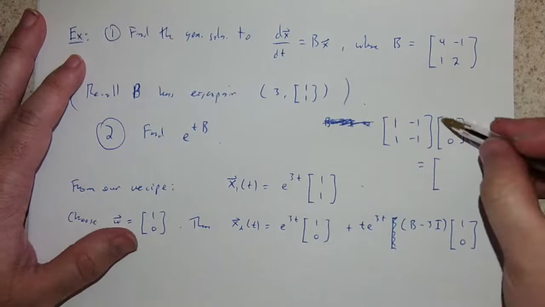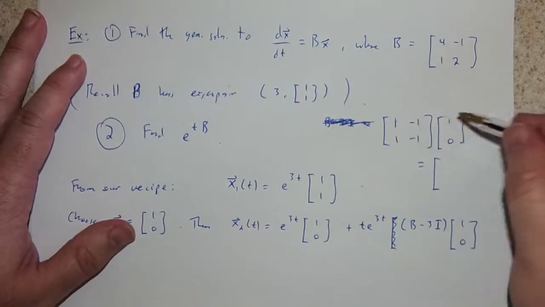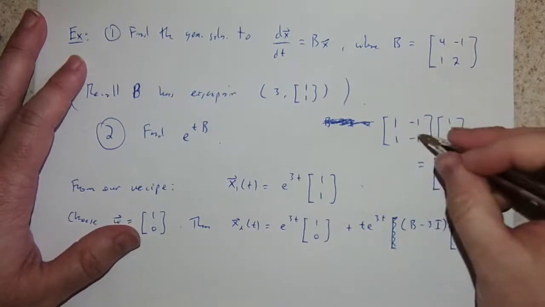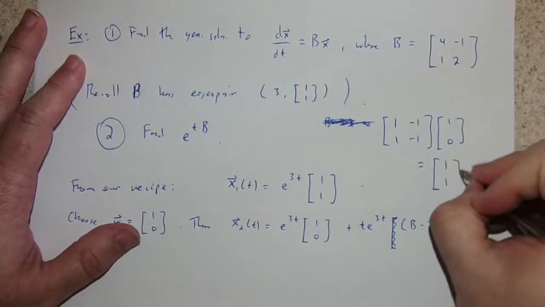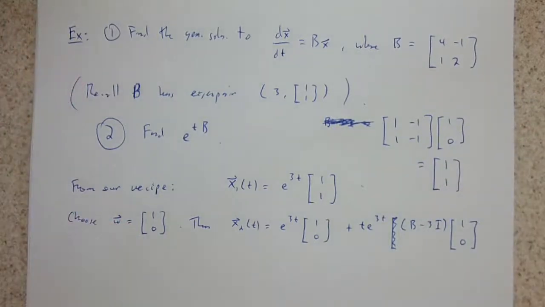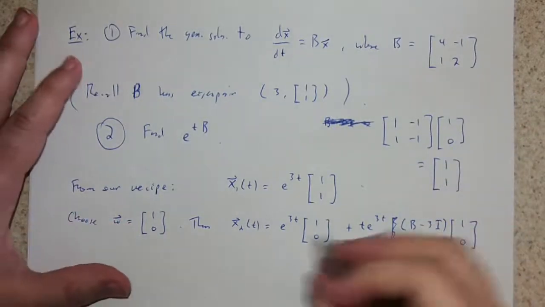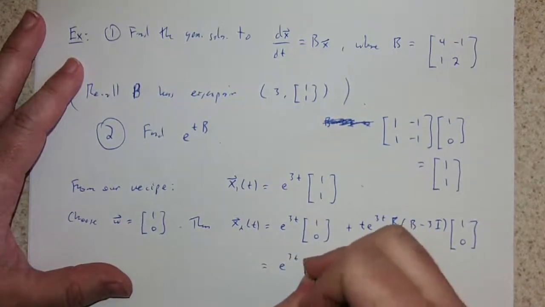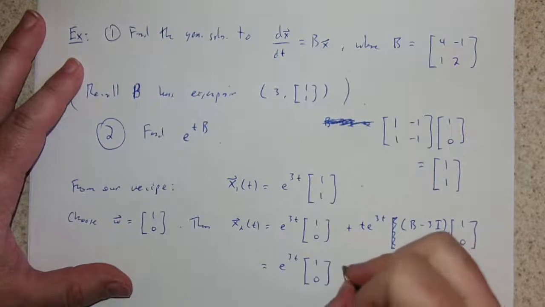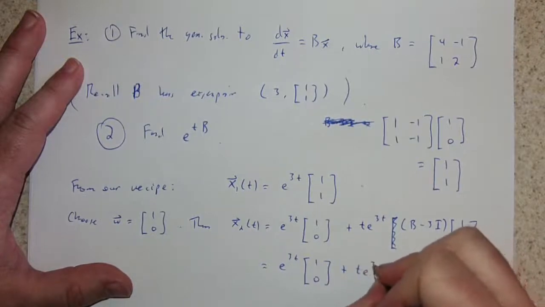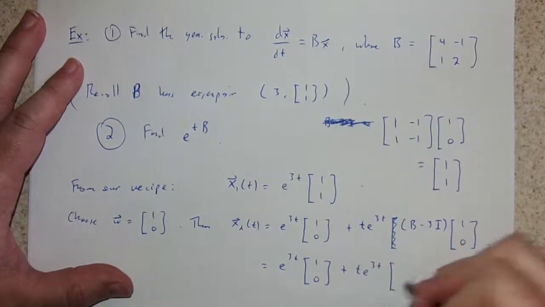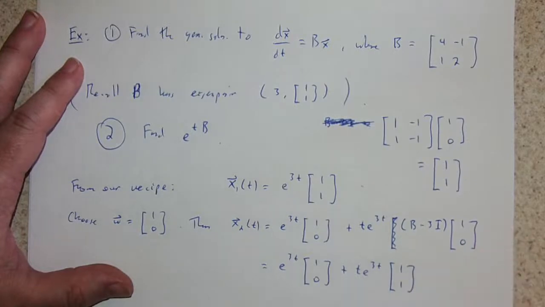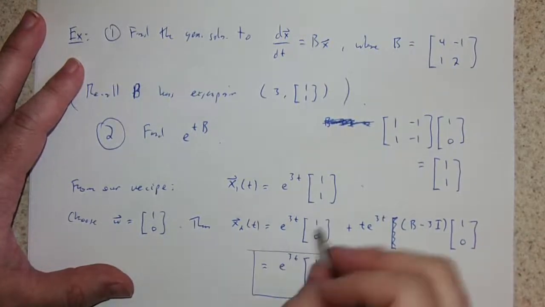I should get a vector, and it is (1, 1). So this is e to the 3t times the vector (1, 0) plus t e to the 3t times the vector (1, 1). And that's where I'll stop for now.